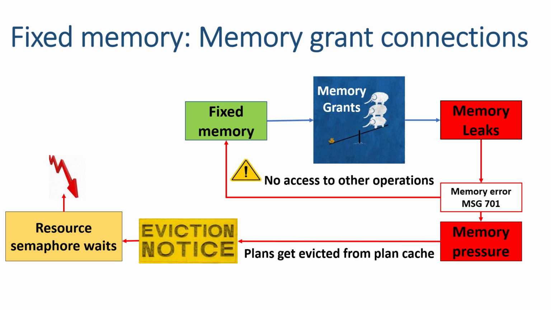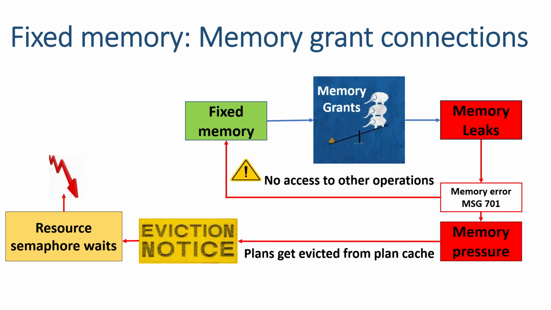Whenever SQL Server is requesting memory and these evictions of the plans are happening, and this fixed memory is in the blocked state, no other operations can access this fixed memory.